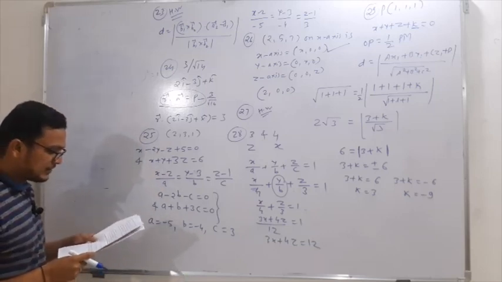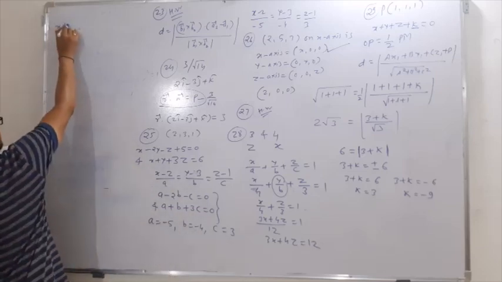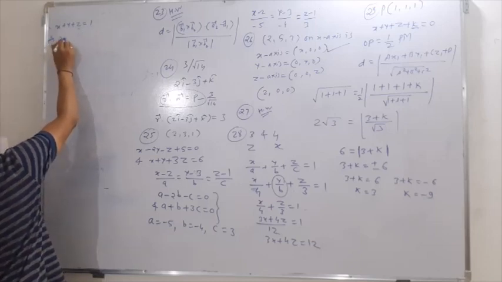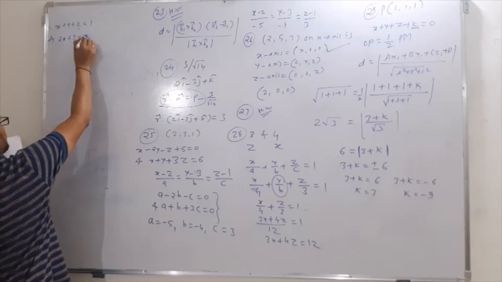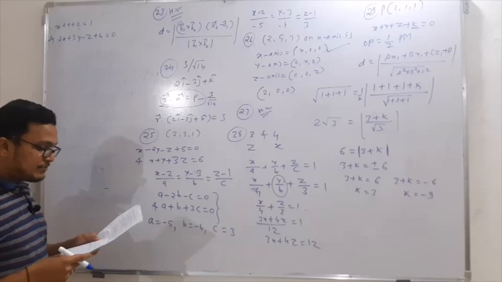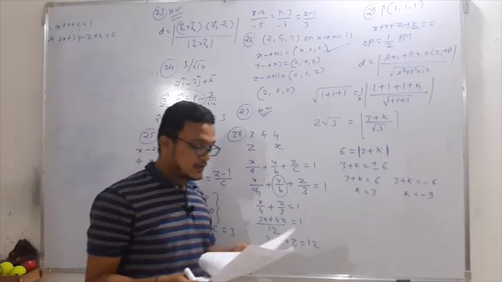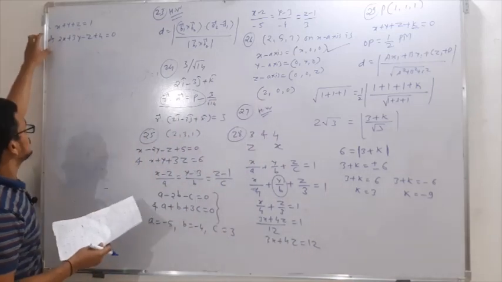The equation of the plane through the intersection of the planes x plus y plus z is equal to 1 and 2x plus 3y minus z plus 4 is equal to 0, and parallel to the x-axis is... So here they have given these two planes.